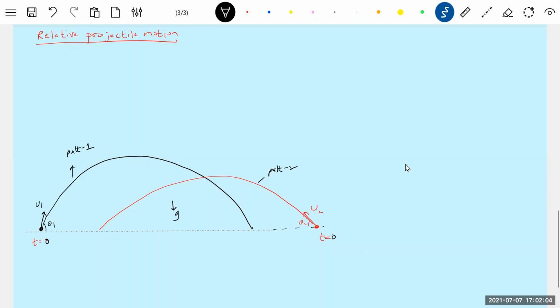Let's come to this one. At any instant of time, we will take some instant of time, point P with coordinates x, y. Let me define this particular point as the origin.